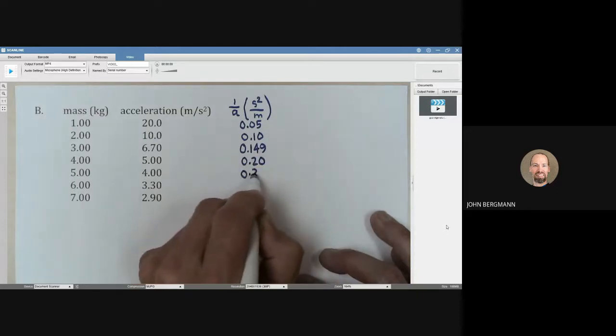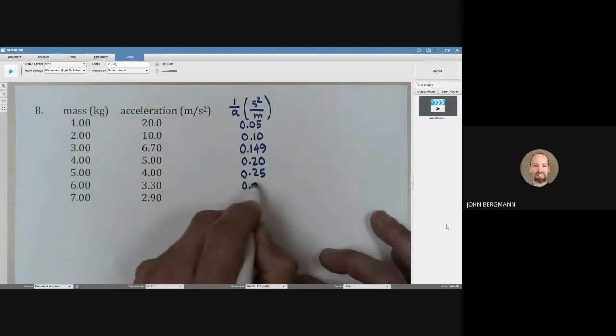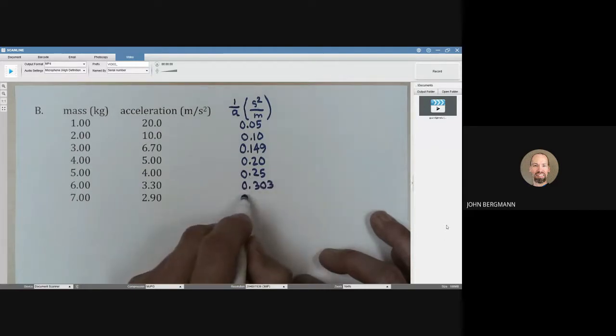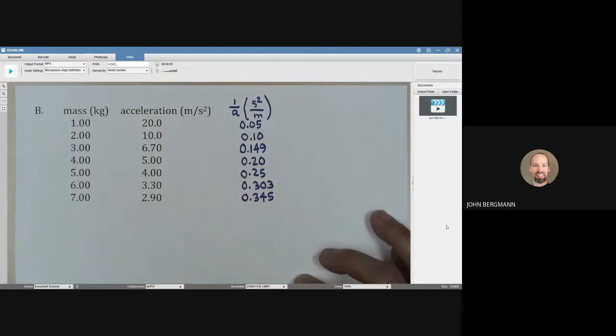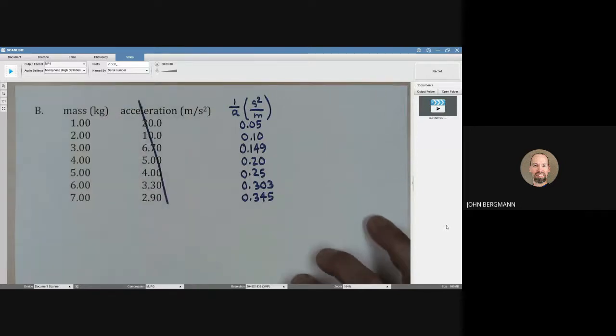Reciprocal of 4 is 0.25. Reciprocal of 3.3 is 0.303. And the reciprocal of 2.9 is 0.345. Once we've done that, I like to put a little line through that data set so that I'm not tempted to put that into my calculator now.